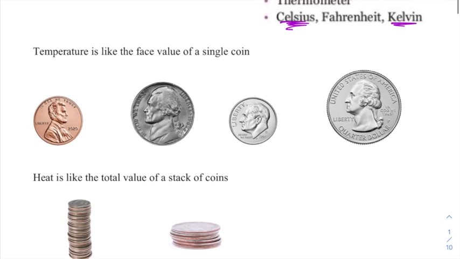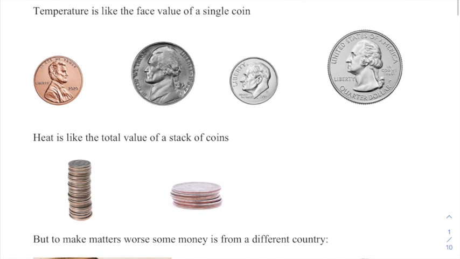Temperature is like the value of a coin. So if this is 1 cent, this is 5 cents, this is 10 cents, and this is 25 cents, I want you to think of temperature as if it was each of these coins' values: 1 degree Celsius, 5 degrees Celsius, 10 degrees Celsius, and 25 degrees Celsius.